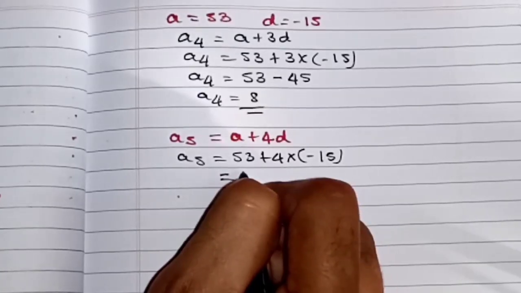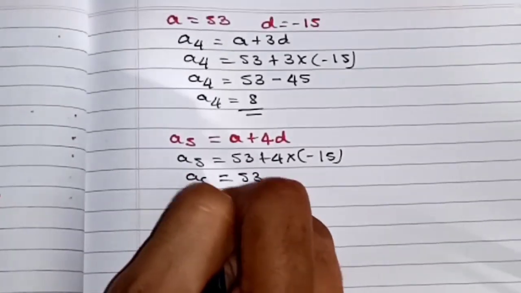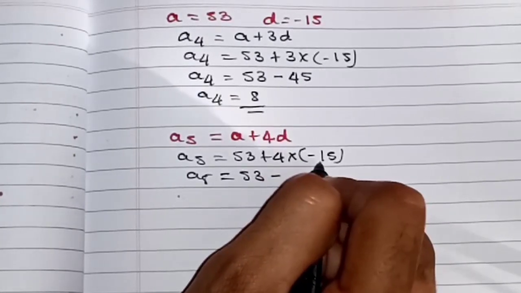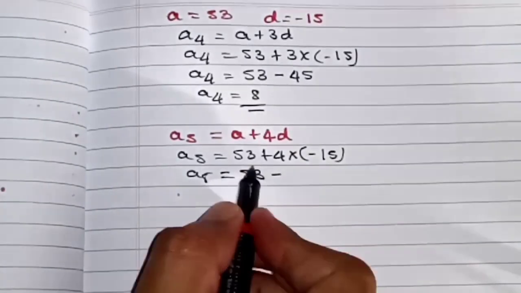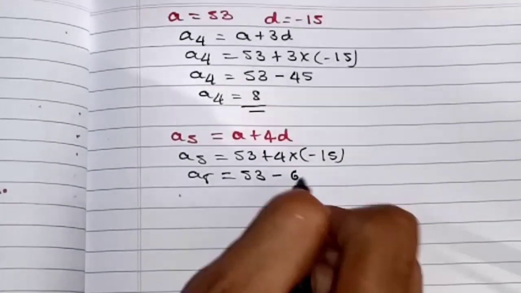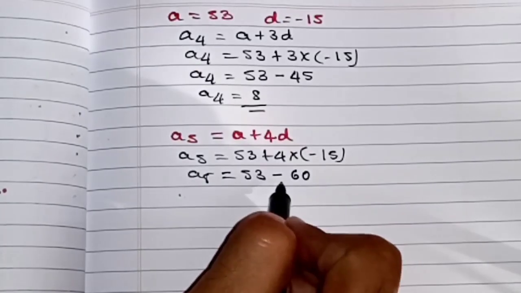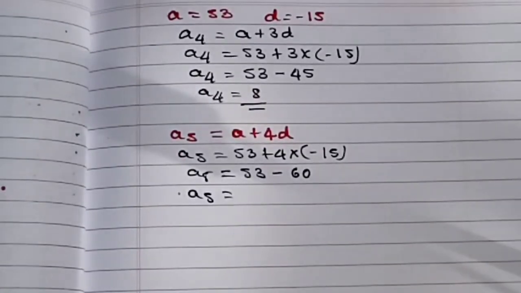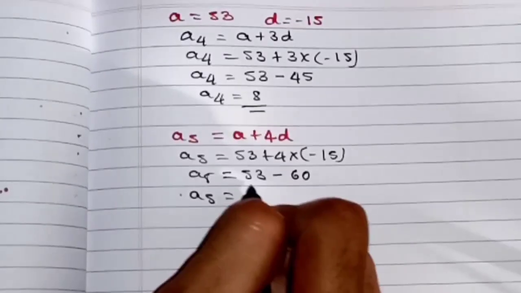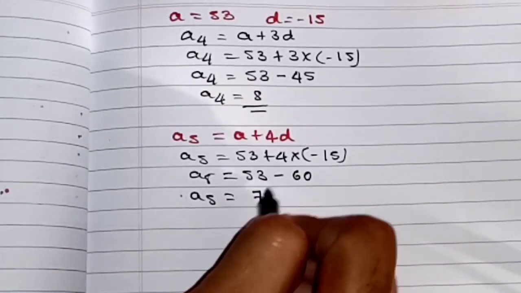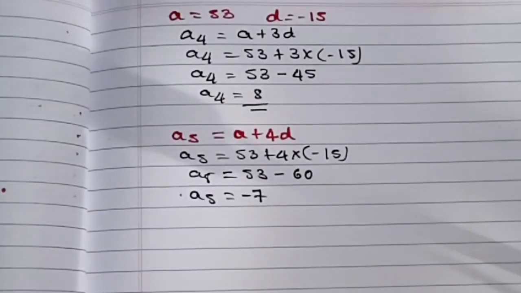So that implies 53 plus into minus will be minus, so you need to multiply the number as usual, and you need to multiply the symbols also. 15 fours are 60. Okay, here plus into minus will be minus, so therefore the a fifth term will be, now just subtract 53 minus 60, so the answer will be 7. Sign of the biggest number: 60, the sign is minus, so therefore minus 7.